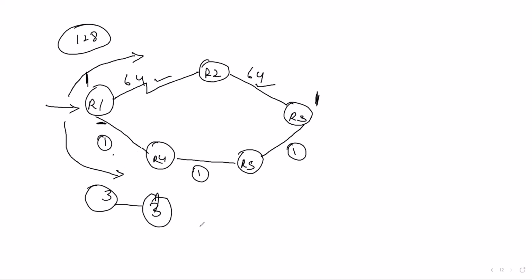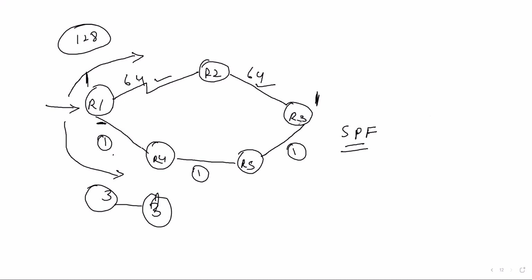So this is the SPF algorithm which OSPF uses: shortest path first. OSPF doesn't consider whether you have 3 routers or 4 routers; it works on how much speed you have.